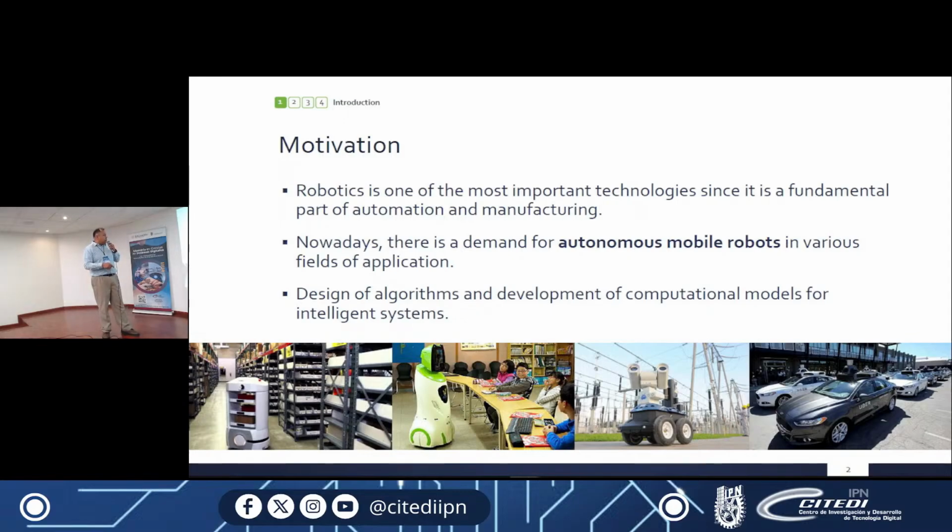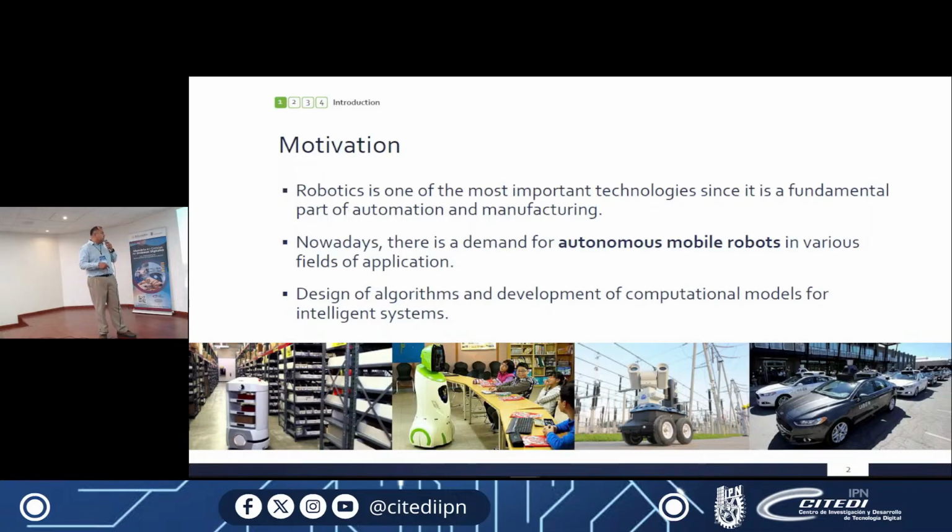There are several applications such as material transport, guiding people at museums, assisting teachers at museums and at schools, monitoring power plants like nuclear plants and electrical plants, and also the self-driving cars industry has an incredible increase in applications, changing the form that we transport people in some places.